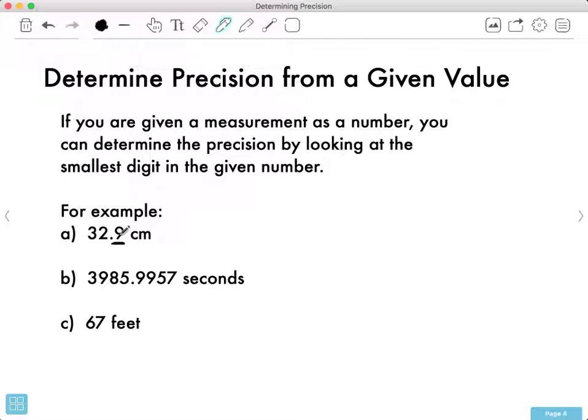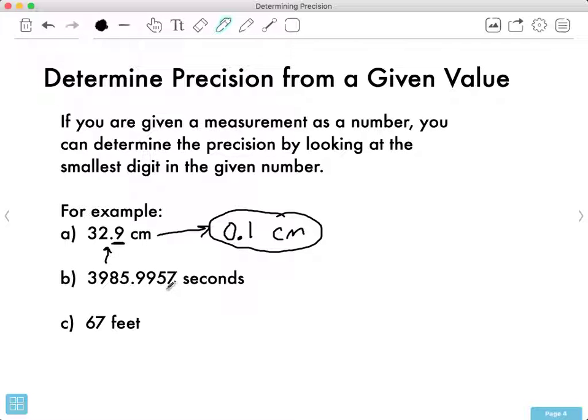I'm going to assume my precision is 1 of whatever that unit is. So where is that? I put a 1 where the 9 is, and I can assume that my precision is 0.1 of a centimeter, because it looks like we could have 32.8 centimeters. Looks like they were counting up by 0.1. Looks like that was their smallest unit of measurement.